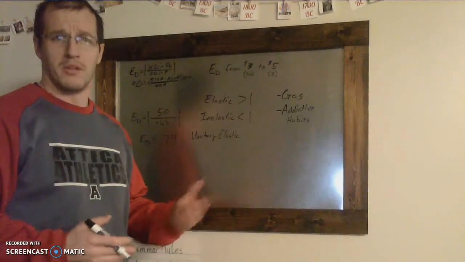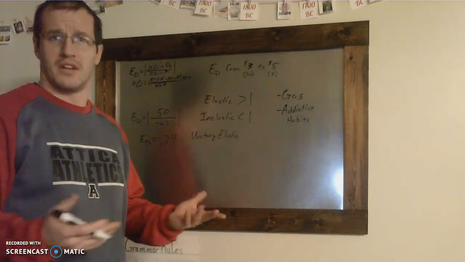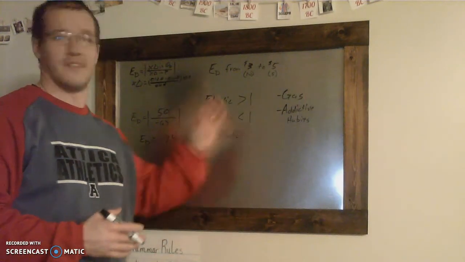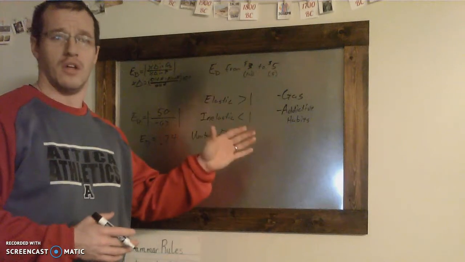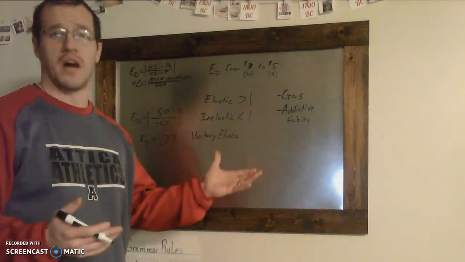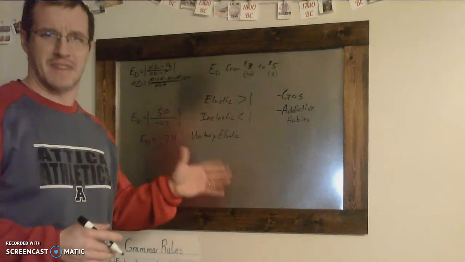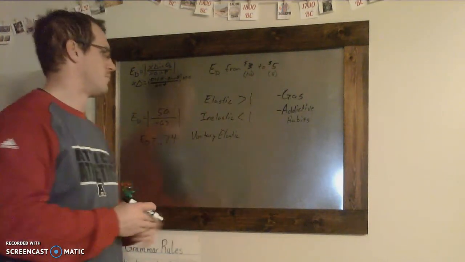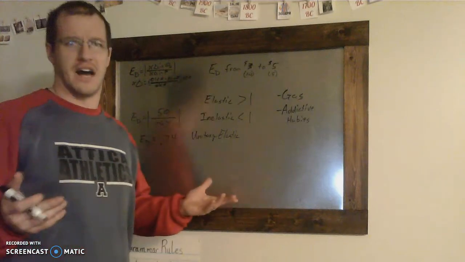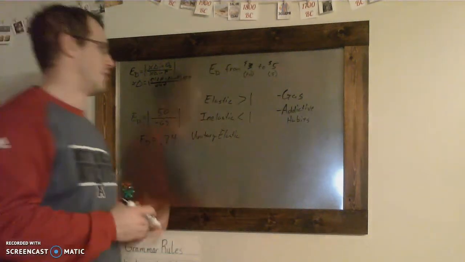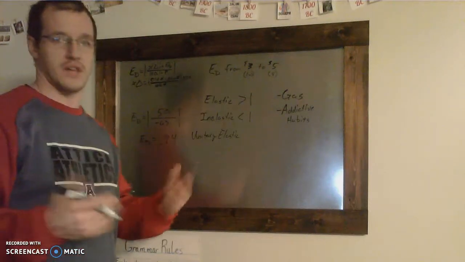Well, probably, because caffeine is an addictive chemical. And so addictive habits don't respond very well to price. So those are your inelastic type goods. Elastic goods are essentially anything that's not inelastic, anything that responds greatly to a change in price.